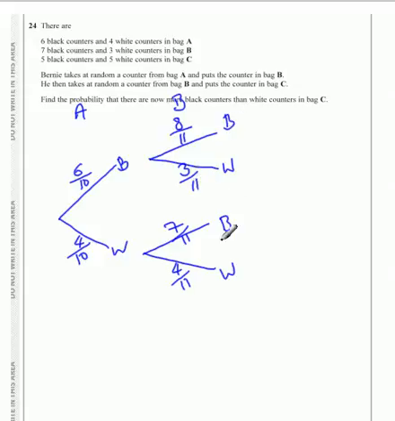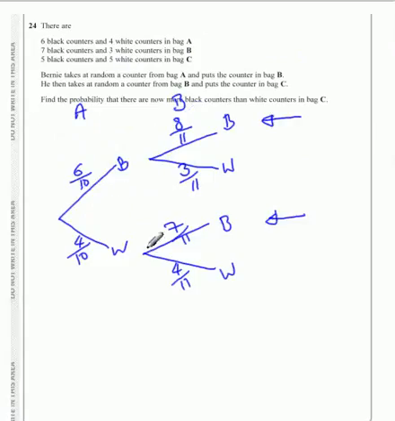We then take these, so black or white, and we put those into bag C. What we're interested in is when we put in a black one, because this is when we've got more black ones than white ones in bag C. So what we need to work out is these two probabilities.